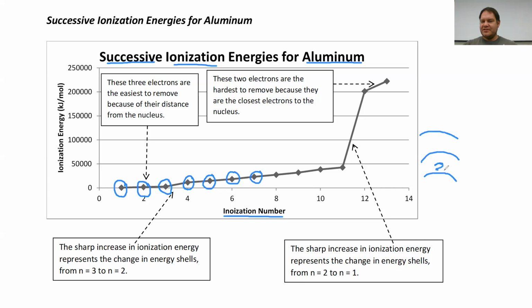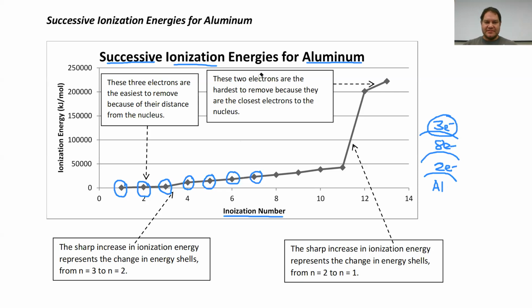In the first shell, it's going to have 2 electrons, and then 8 electrons, and then 3 electrons, okay? So this is essentially the electron structure for aluminum. So where are we going to lose the first electrons is right here on the valence shell, right? These first 3 electrons.